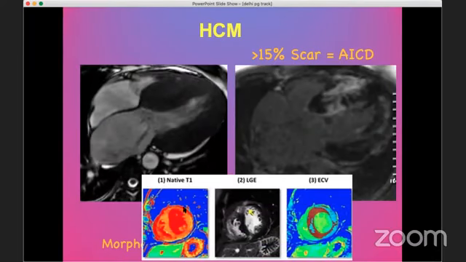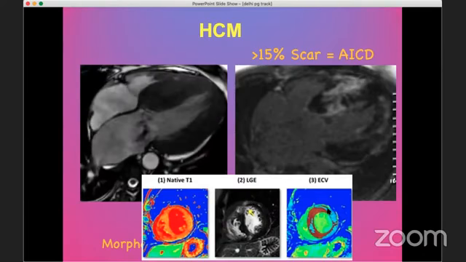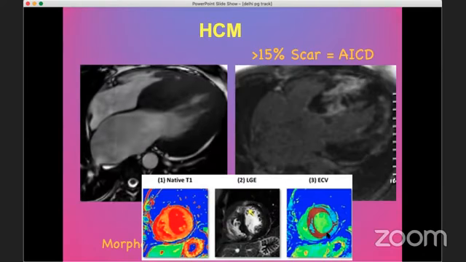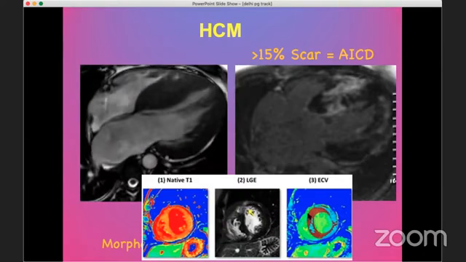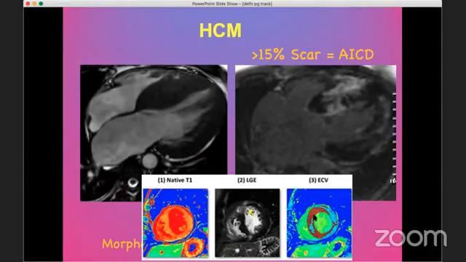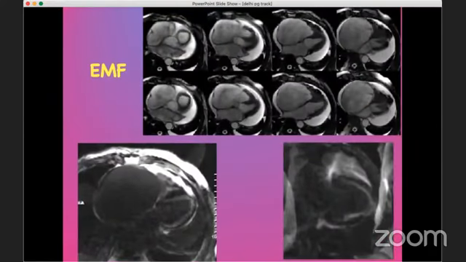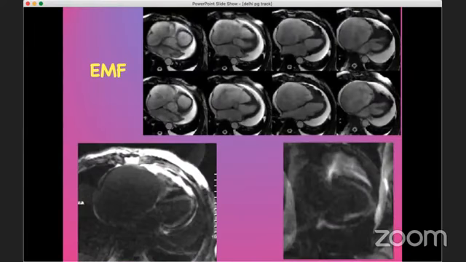You can see the T1 values are marginally elevated. You can look at the scar here and you can see the widely expanded septum. And this is also a very important way of differentiating a hypertensive heart, a hypertrophic cardiomyopathy, and an athlete's heart, which will have a normal T1 and ECV value.